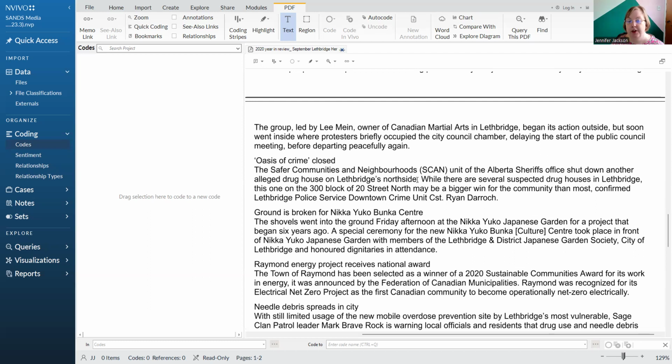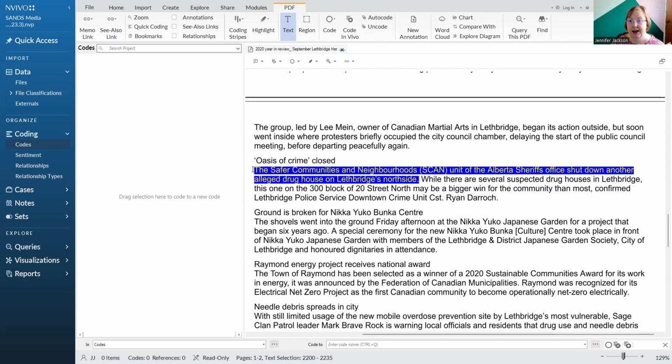Now, when you are doing analysis, it varies based on method. Some types of analysis you want to code several words at a time. Most types, if you're doing your initial interview, you want to code a sentence or two at a time. So here, shut down an alleged drug house.